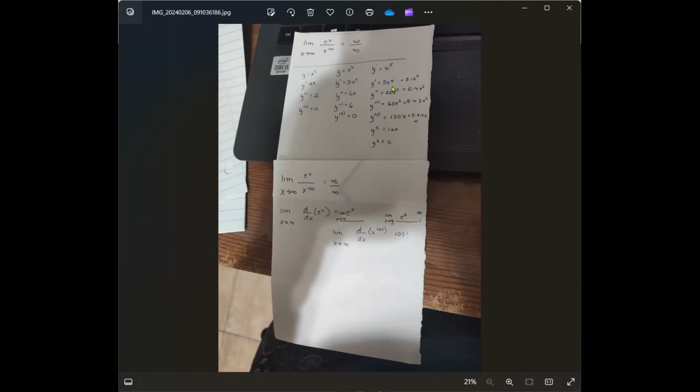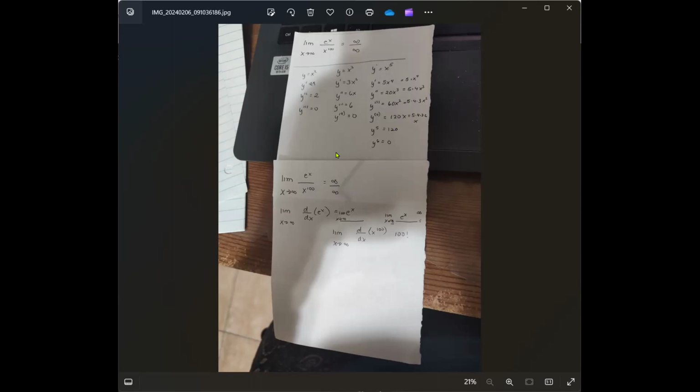Then I took the derivative again. 4 times 5, 20, x to the third. 3 times 5 times 4, or 5 times 4 times 3, it doesn't matter. x squared, we got 60x squared. Then 2 times 3 times 4 times 5. This should remind you of something. And then we got 120 and 0.